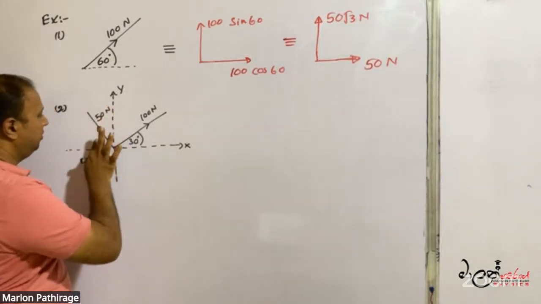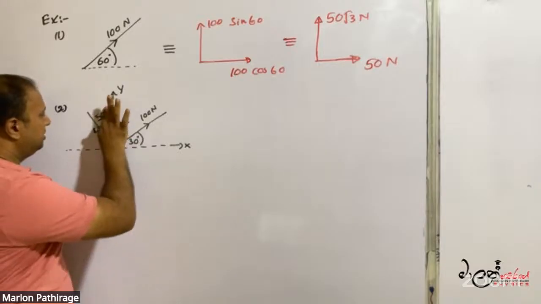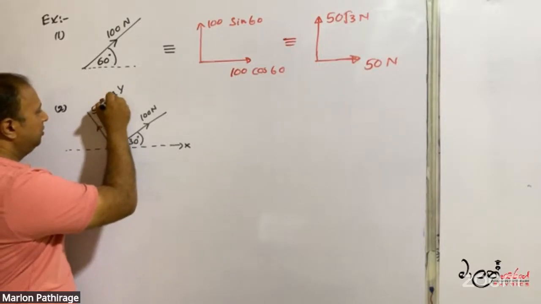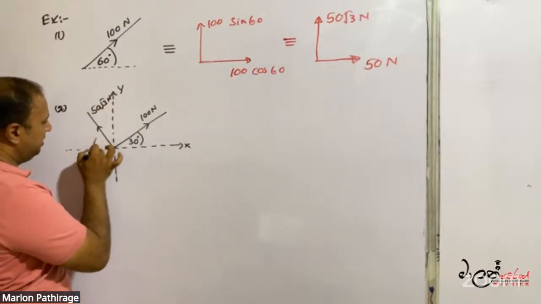Sorry, no. 50 root 3 Newton. This angle is 60.